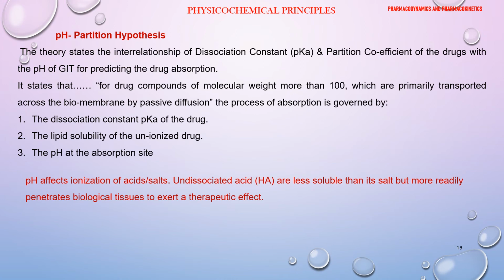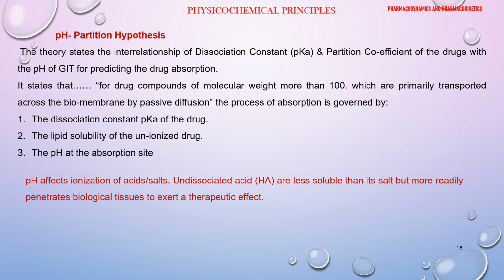pH partition hypothesis. It illustrates the interrelationship between the dissociation constant and the partition coefficient. It states that the absorption of a drug is governed by the dissociation constant, the lipid solubility of the unionized drug, and the pH at the absorption site, if the drug has a molecular weight more than 100.